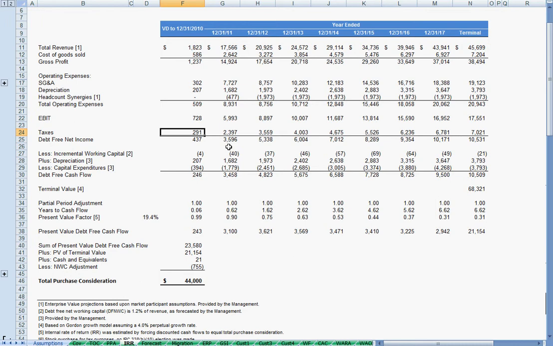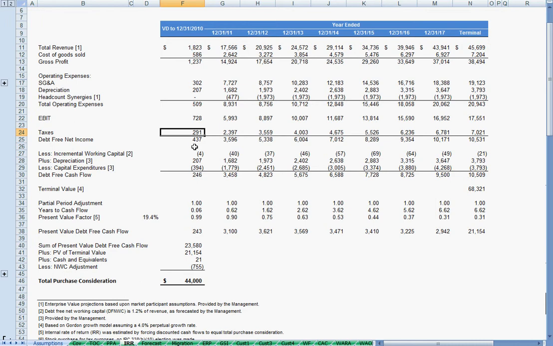Additional adjustments to the debt-free net income are changes in net working capital, depreciation and capital expenditures. Note that it's debt-free net income. In other words, no interest expense should be used anywhere in this model.